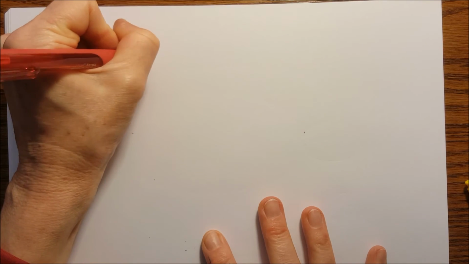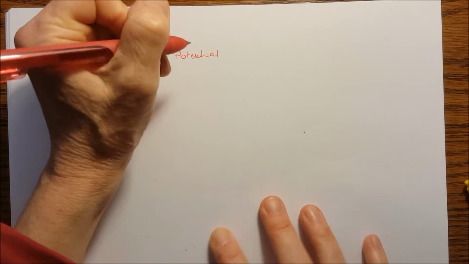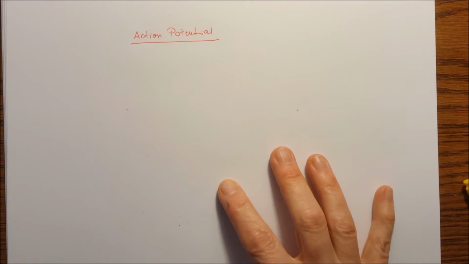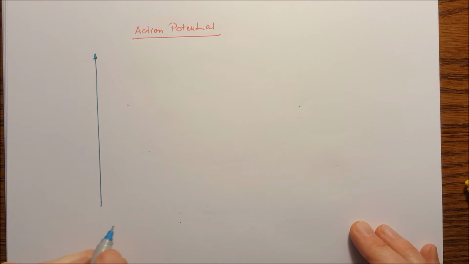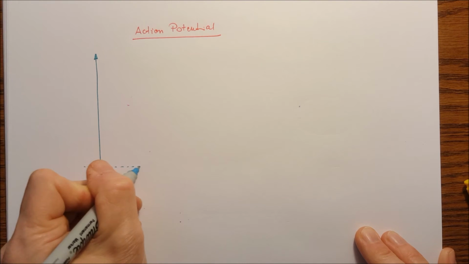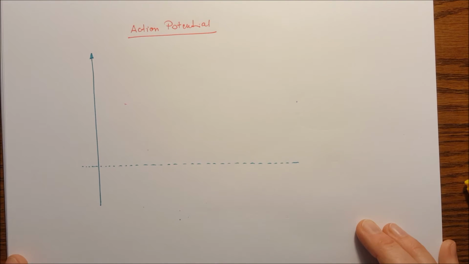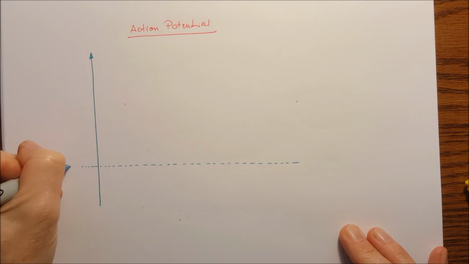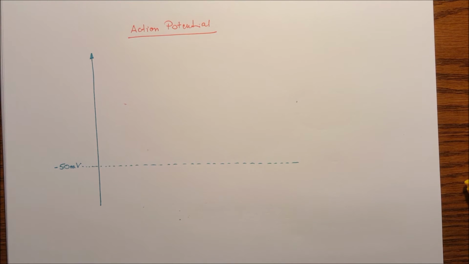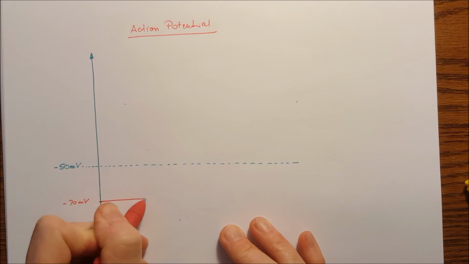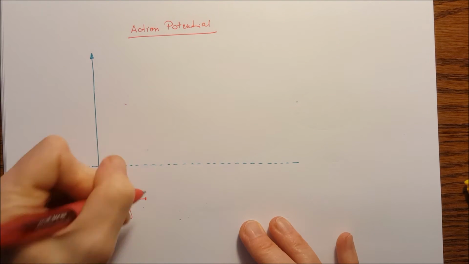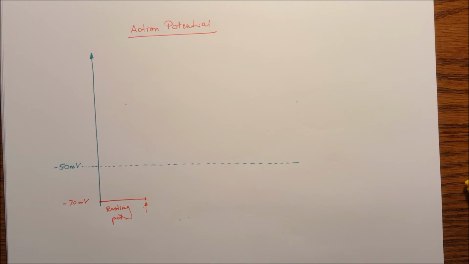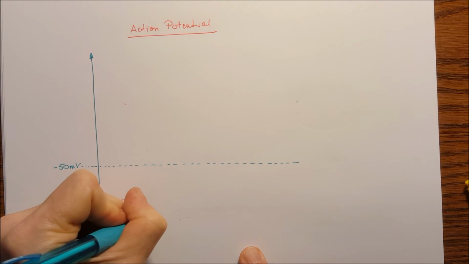How about we check how we can graph this action potential and explain what happens at each step. So the y-axis will be the voltage potential, voltage across the membrane. We will start with minus 70 millivolts. That is really the resting potential. We have the minus 50, that will be the threshold for us.